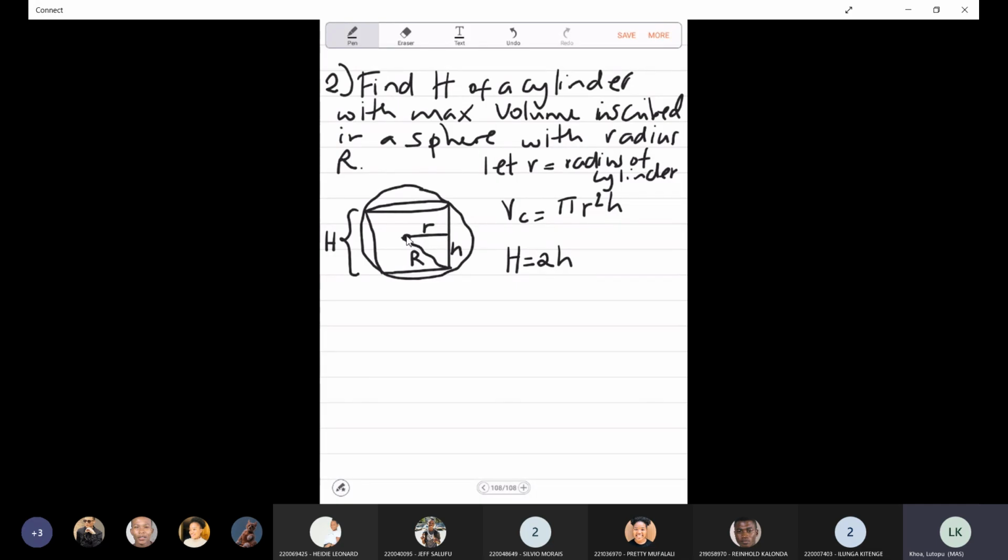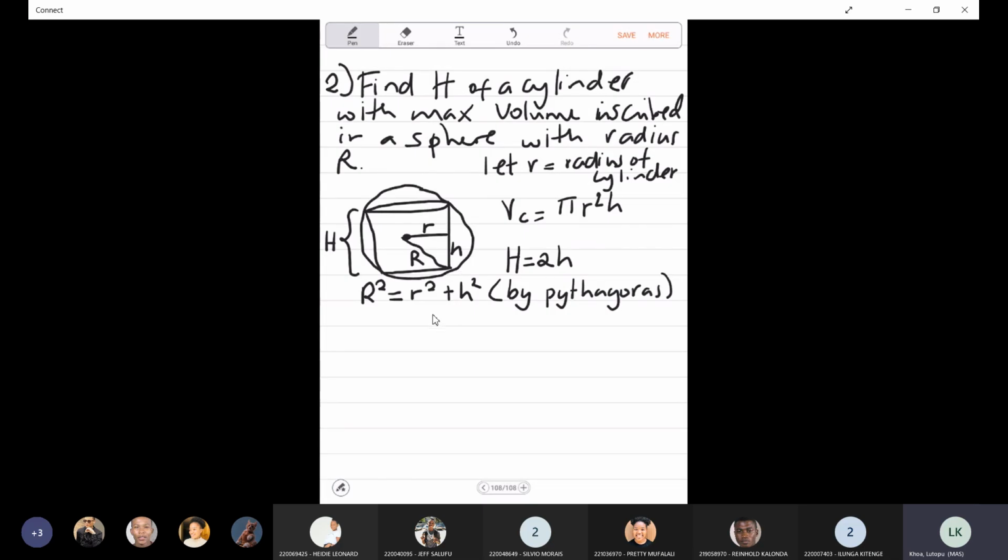Now looking at this right-angled triangle that we drew, we can form a relationship between capital R, small r, and h. The relationship we form is that R squared is equal to small r squared plus h squared. This is by Pythagoras.